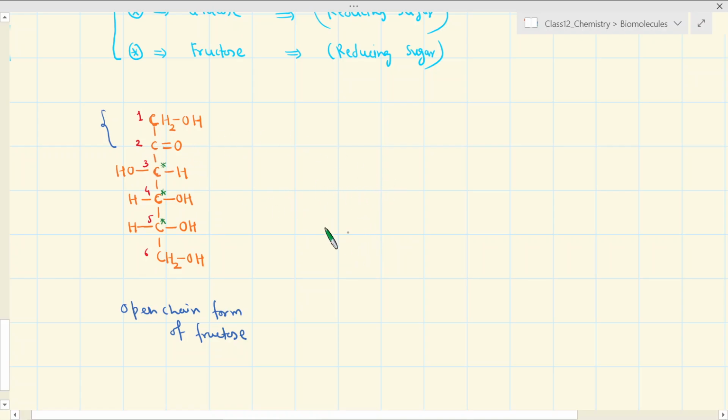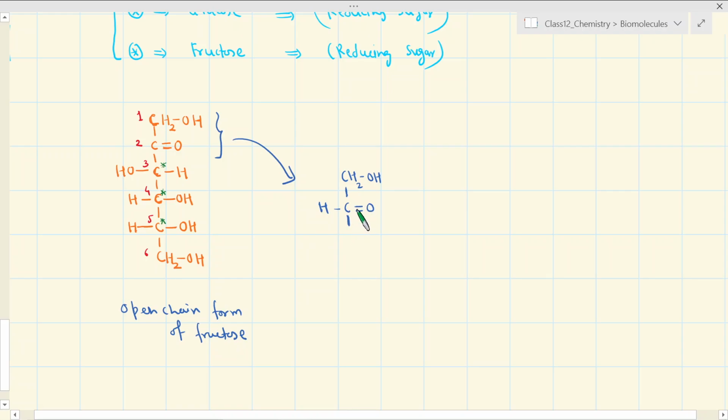Let's say I just pick up this part here, CH2OH, C double bond O, H, and then you have the remaining carbons. So I just talk about this part, the first and second carbon.